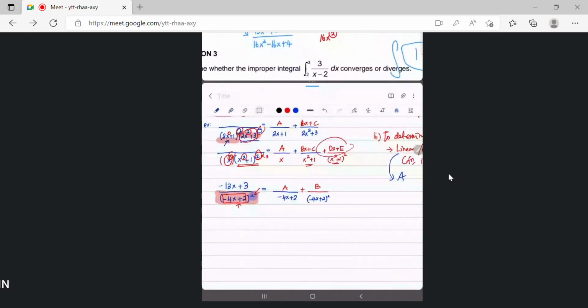So the next one. Lepas kita dah tentukan dia punya PFD, so the next one is we just need to identify our constant A and B. Okay. Dekat sini ramai yang salah sebab korang terus cross multiply. Okay, cross multiply dia akan betul kalau dia bukan repeated.